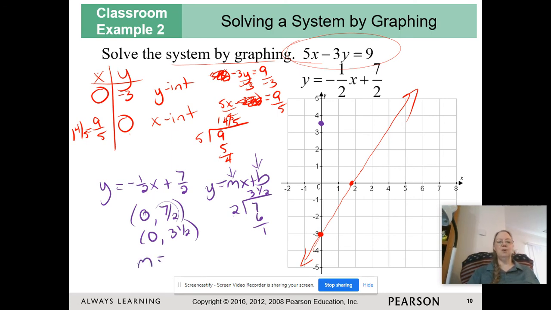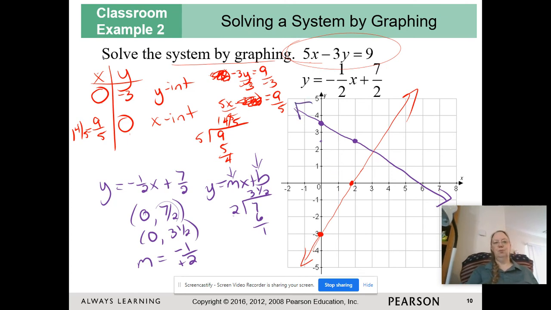So my slope is negative 1/2. So I'm going to go down 1 to the right 2. Remember, it's halfway, so I got to go halfway. So here's my down 1, and then here's my to the right 2. As closely as I can, do your best to make it as exact as possible.